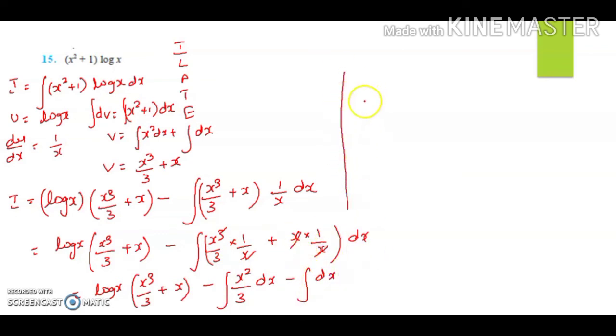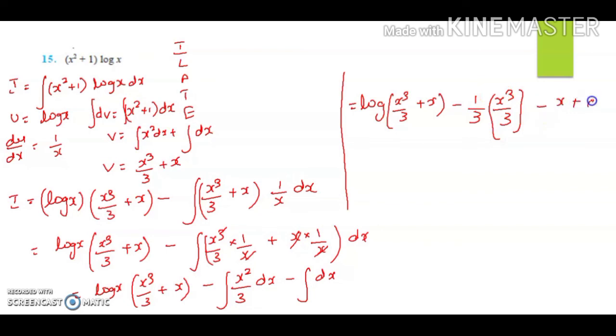I am multiplying minus also inside the bracket. So this is equal to log x into x cube by 3 plus x minus 1 by 3, a constant, integral of x square is x cube divided by 3, minus integral of dx is x, plus c.